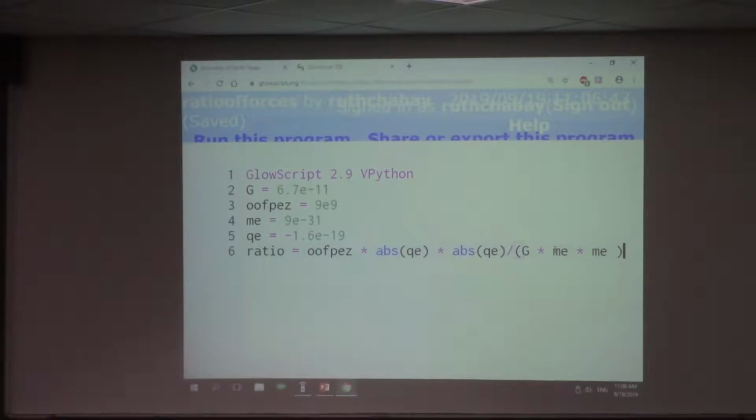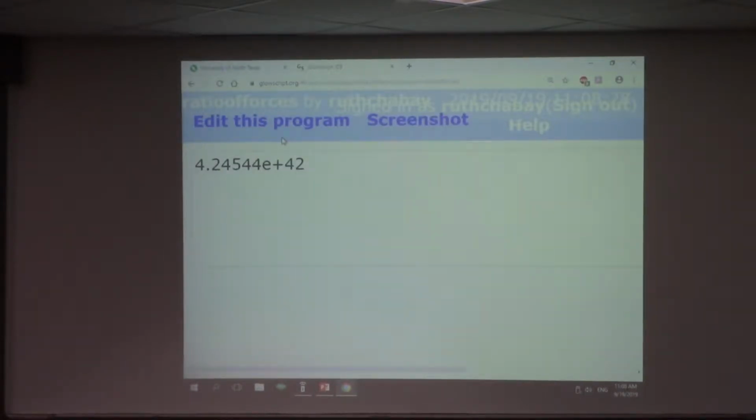So that looks right, right? So does this equation look like the one we've got down here? Looks right. Okay. So if we print the ratio, we actually get 4.3 times 10 to the 42nd.